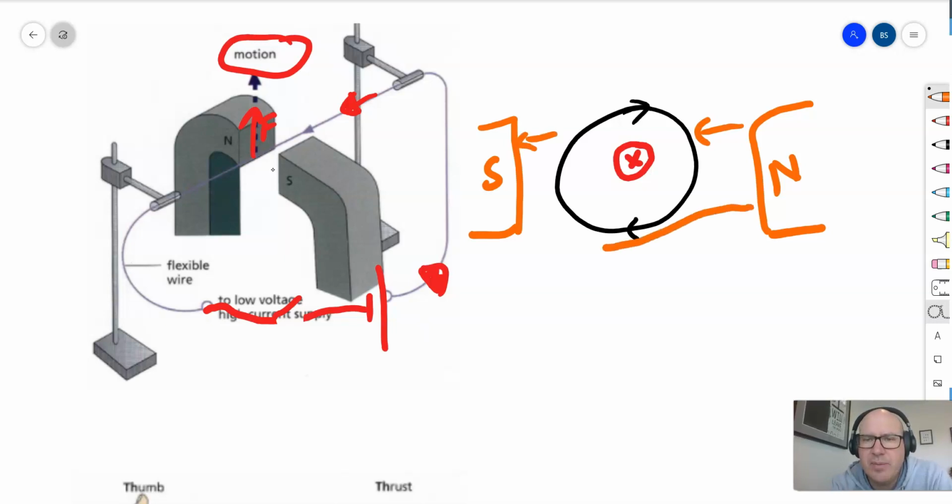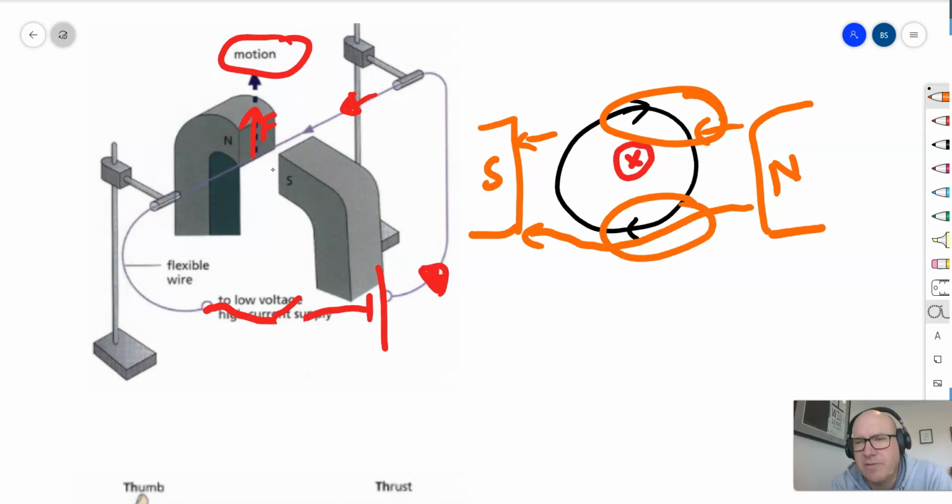They would join up at the bottom, but they're basically going to repel at the top. Okay, and that's why you're going to suddenly get a motion, because we've got an opposing field here, and we've got a field in the same direction there. Okay, and that's going to create an imbalance. So you're going to create motion, and it's basically magnet versus magnet.